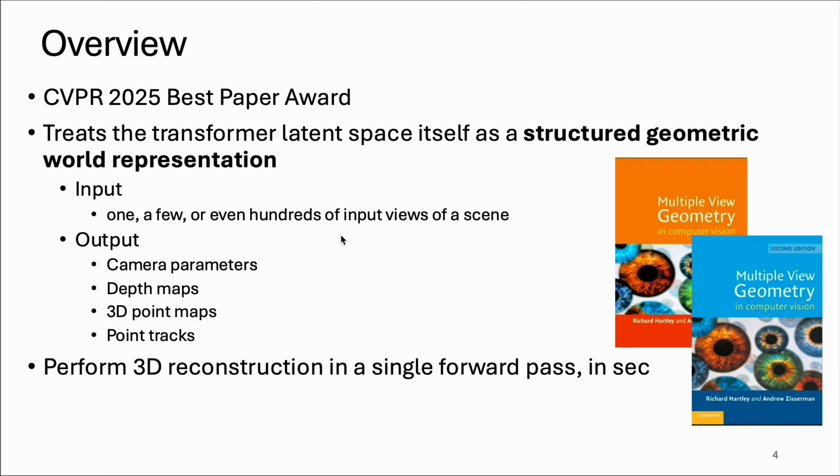After we understand all of this stuff in the textbook, now we see this claim that there is an algorithm that can perform 3D reconstruction in a single forward pass in seconds. So I think this is a very astonishing claim to any person in the computer vision field.